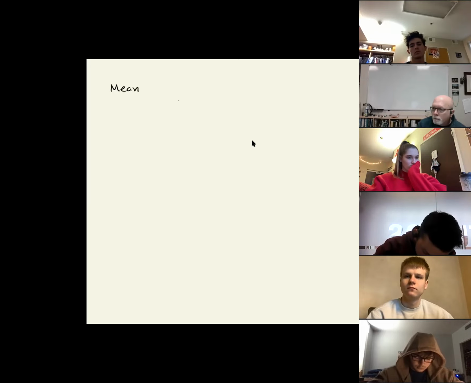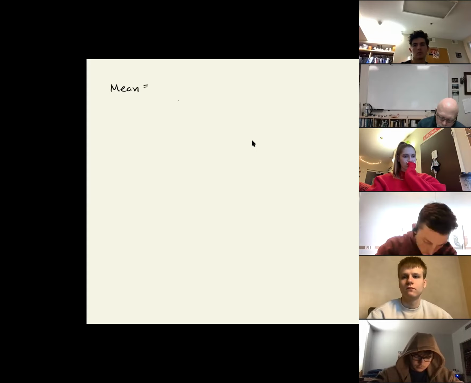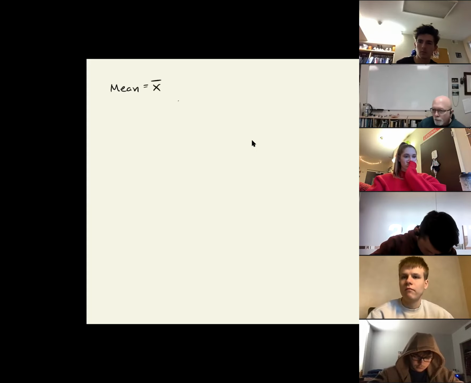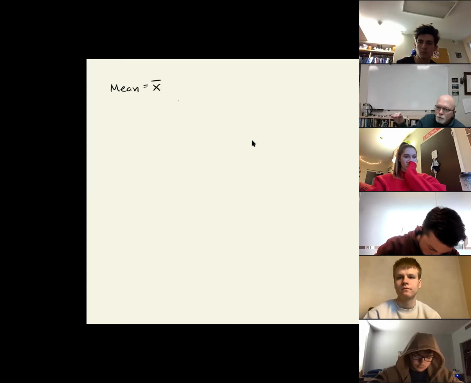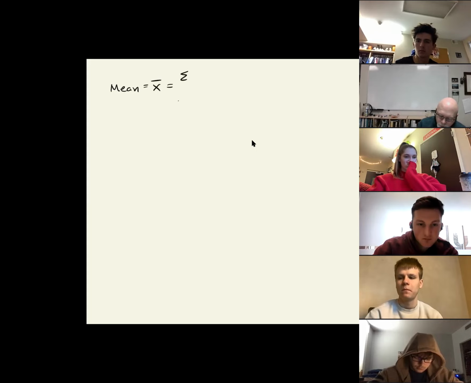So whenever I use the term mean, can you see the writing on the board? Yeah, okay. The mean is symbolized by an X with a bar over it. So anytime you see something with a bar over it, that basically signifies some sort of average value. And when we calculate the mean, we just add up all of the X values and we divide by the number of values that we have.